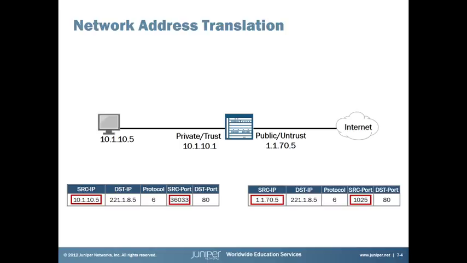A few things to note here is that the source port is also changed as part of that process. The destination port is not changed. We're still using port 80 HTTP, and we're still using protocol 6 in our transport layer, which is TCP, of course.